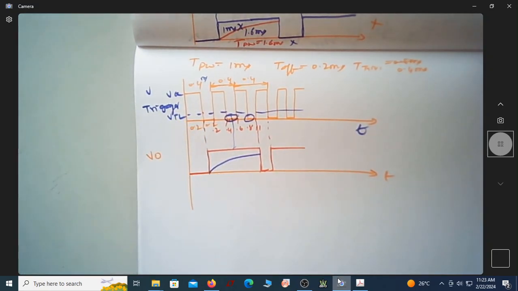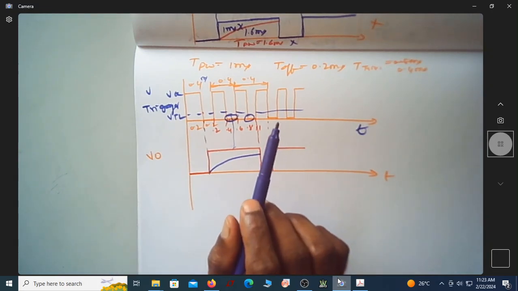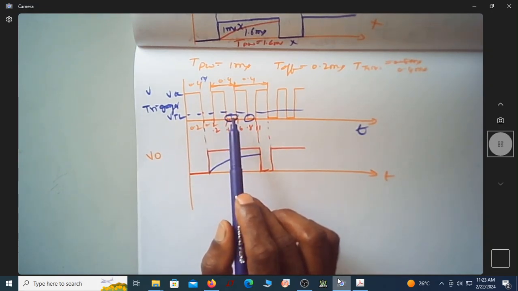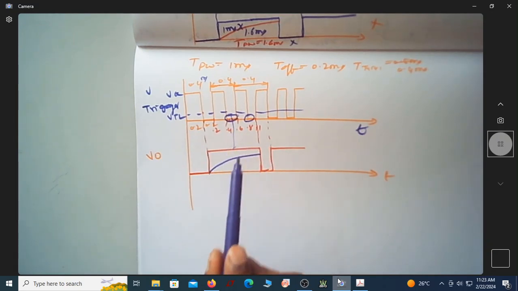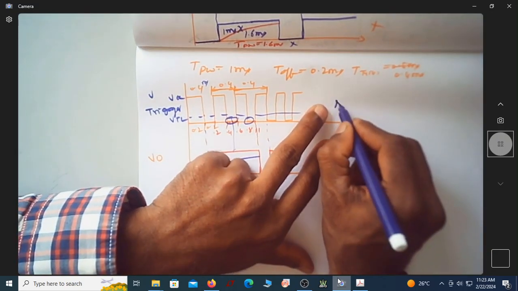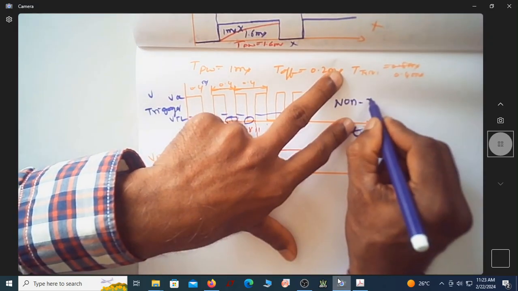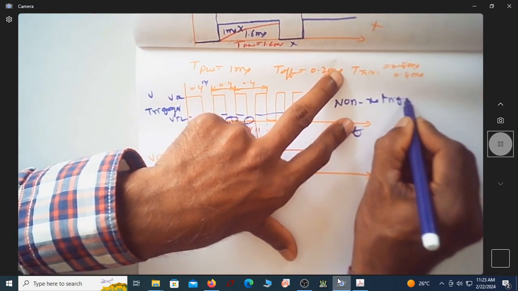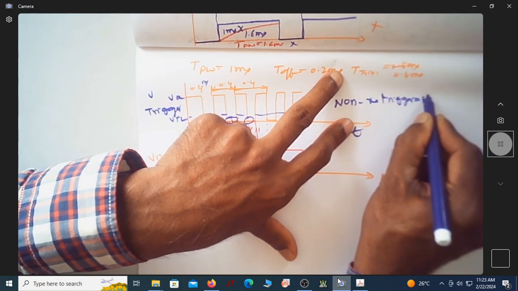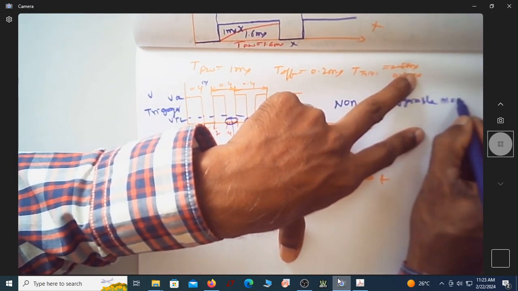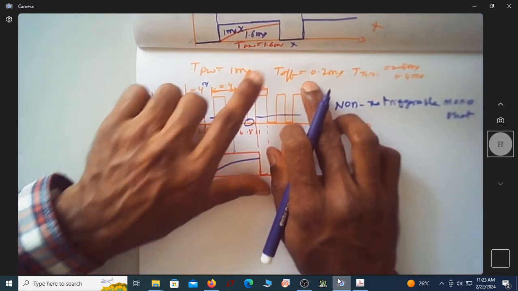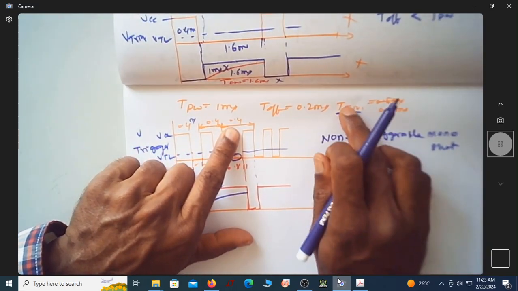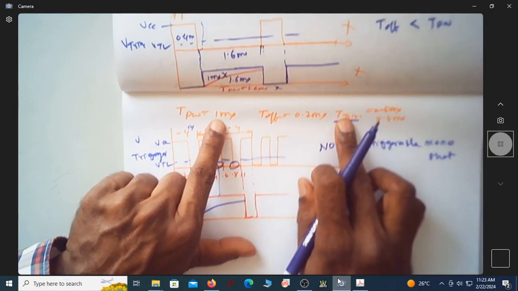So basically, if you apply a trigger signal before the end of your pulse width, it will not be considered. We call it a non-retriggerable monoshot. Can you see this T of the trigger is less than the pulse width?